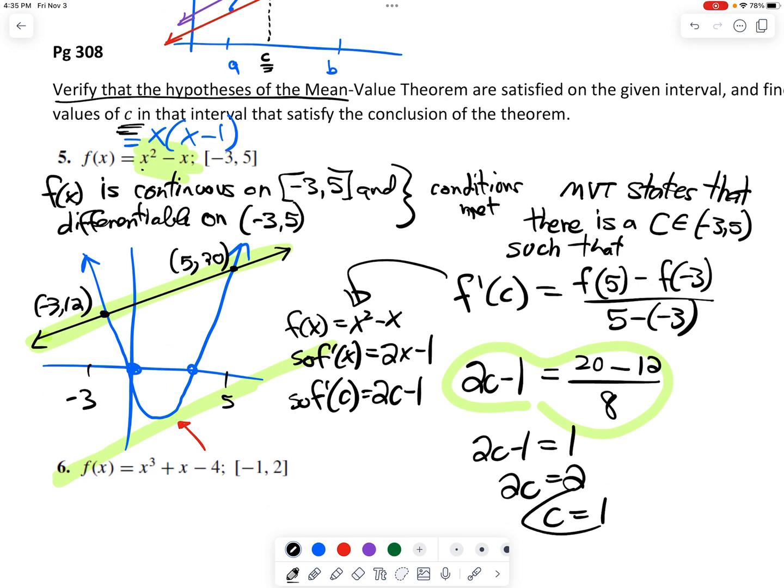That c, looks like there's only one of them, happens at 1. So roughly, here's 1, it's something like that. 1 is that one number where the slope of the tangent line on that function is equal to the slope of the secant line. That's the mean value theorem applied.